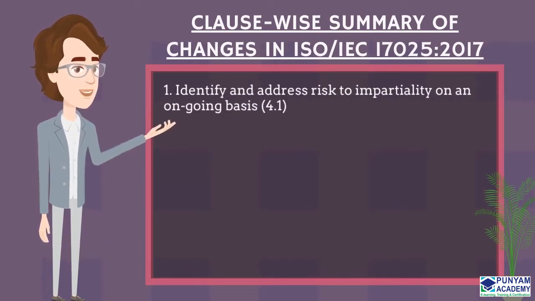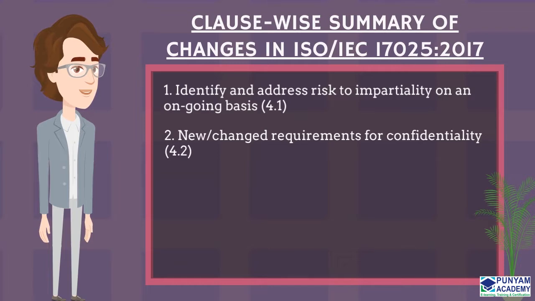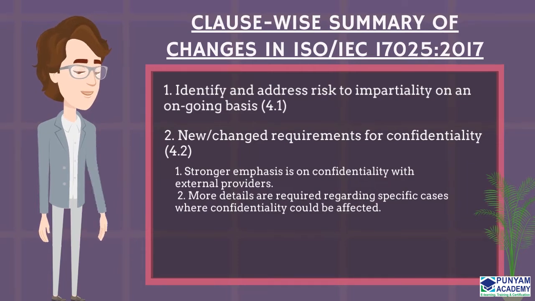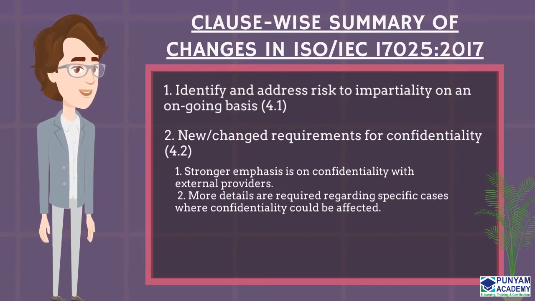Identify and address risk to impartiality on an ongoing basis in Clause 4.1. 2. New/changed requirements for confidentiality in Clause 4.2. Stronger emphasis is on confidentiality with external providers. More details are required regarding specific cases where confidentiality could be affected.